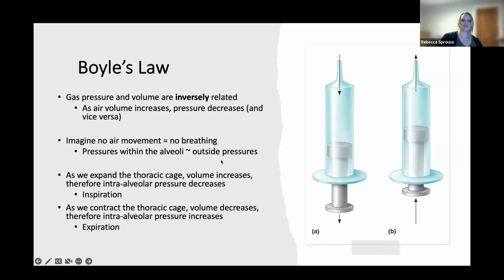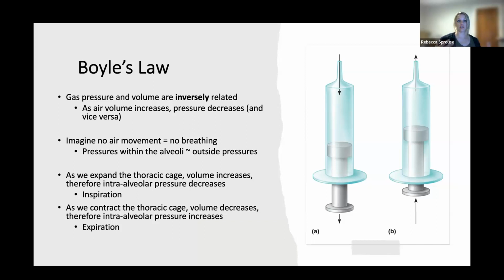So imagine no air movement for a second. You're not breathing. The pressure inside the lungs is essentially equivalent to atmospheric pressure. Now, we know that we need to breathe, and so those pressures have to change. During a breath in, you are increasing your thoracic volume.